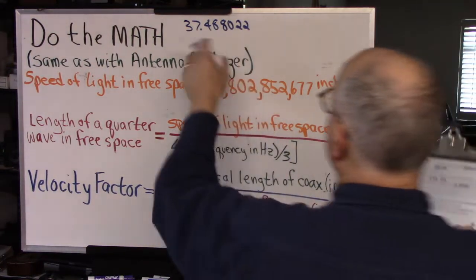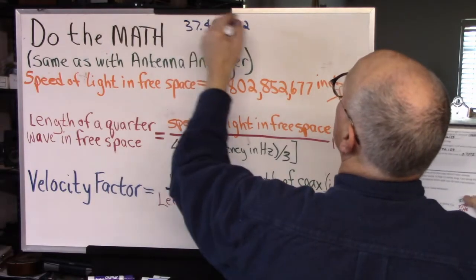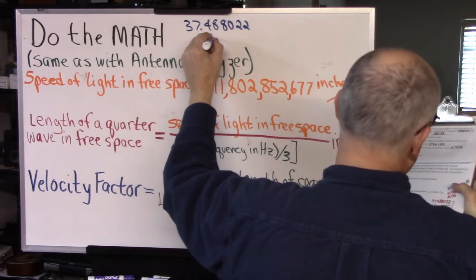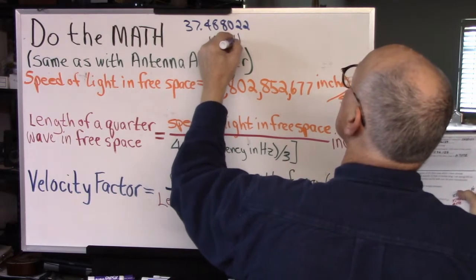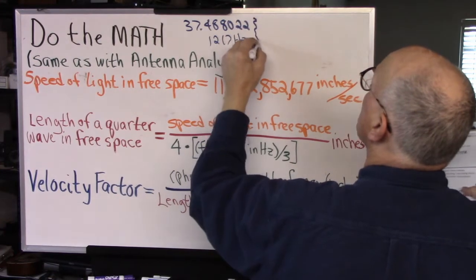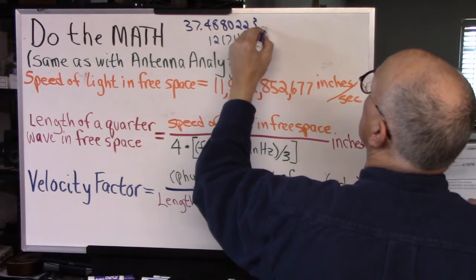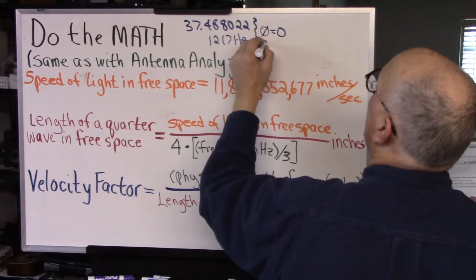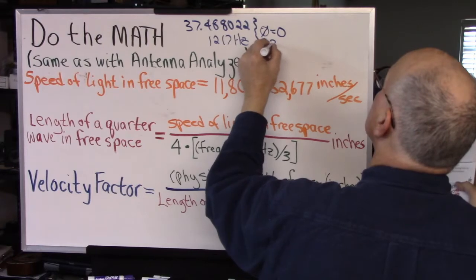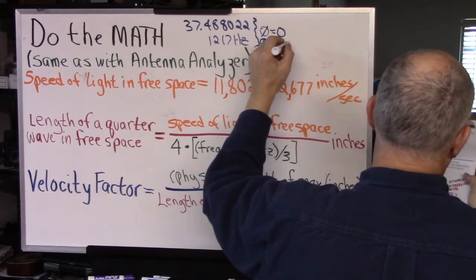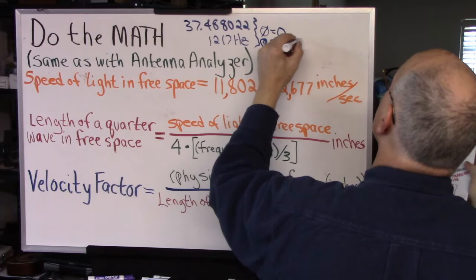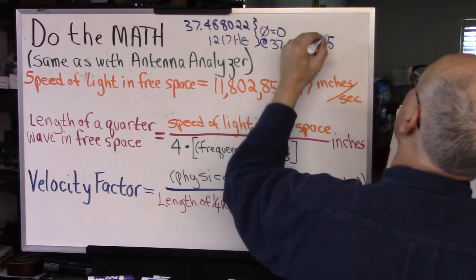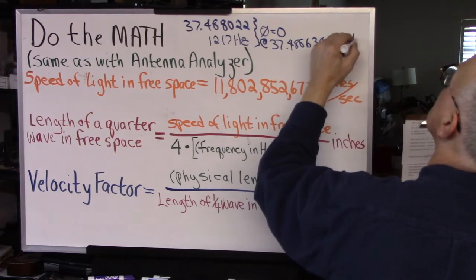And then at plus 180 degrees, it was a higher number, approximately 1,217 hertz higher. So we put this together, and we're going to assume that our phase is equal to 0 at 37.488305 megahertz.